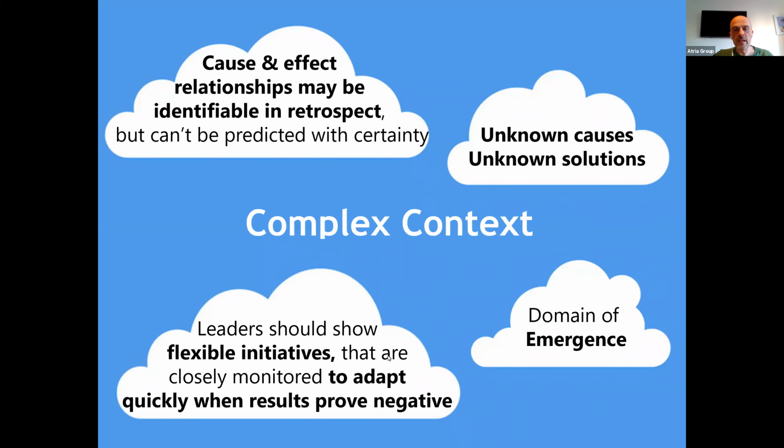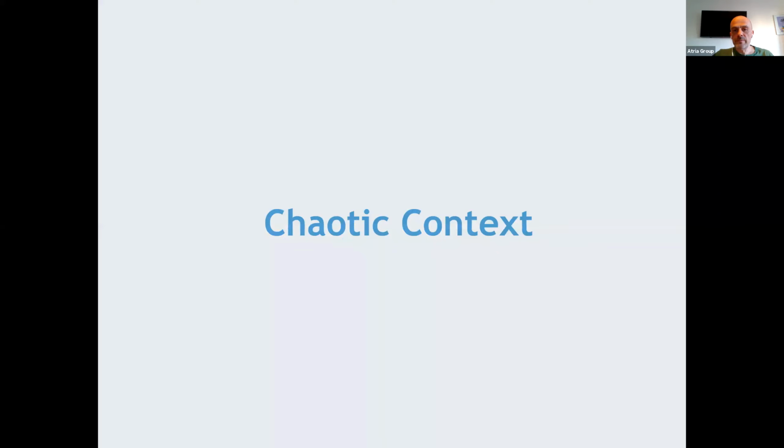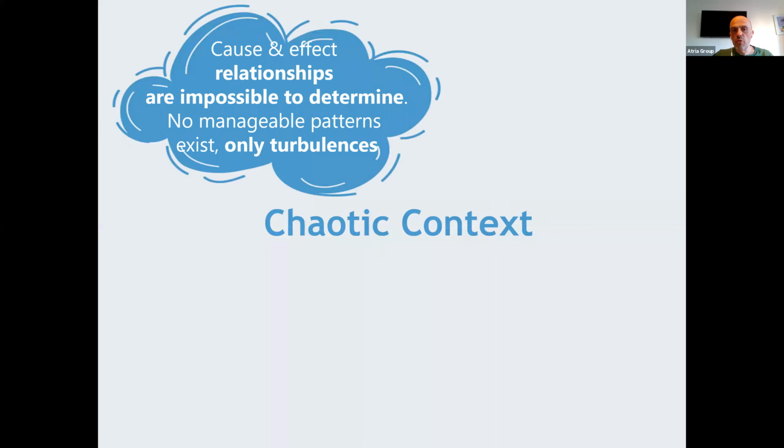And last one, chaotic context. In a chaotic context, it's really impossible to determine a relationship between cause and effect. So just the turbulences are happening, and my perception is that countries and governments are right now in this chaotic context.